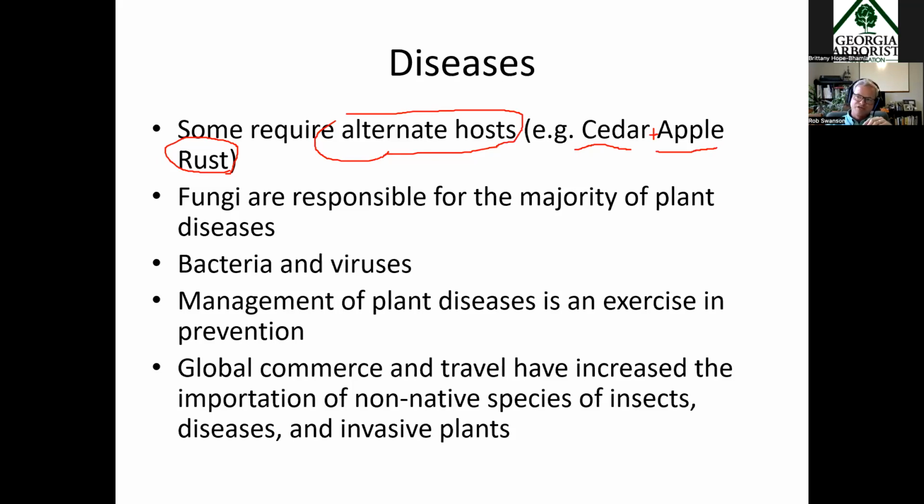If you have cedar apple rust, one of the things might be to cut down all your cedar trees, so you take away one of the hosts, and then it'll die out in the apple population. Or if you like cedar trees for some reason and don't like apple trees, you can take out the apple and just leave the cedars. So that breaks the cycle. Yeah, so there's a number of rusts out there, and they all have kind of these alternating hosts. Fungi are responsible for the majority of all plant diseases.